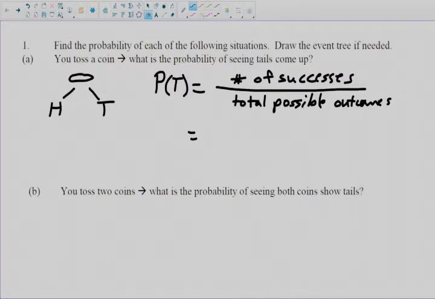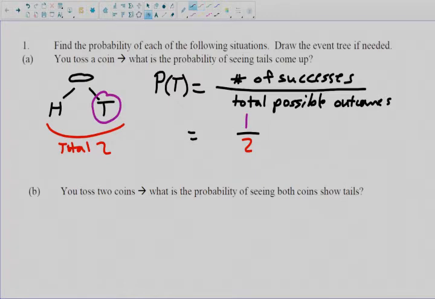Well, our number of successes would follow the branch that we're talking about, which is the tails branch. So there's one possibility of a success. And what is our total? Our total is 2. There are 2 possible outcomes in this experiment. So the probability of getting tails is 1 over 2.